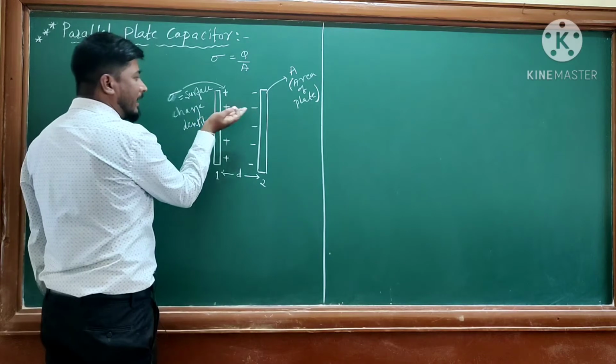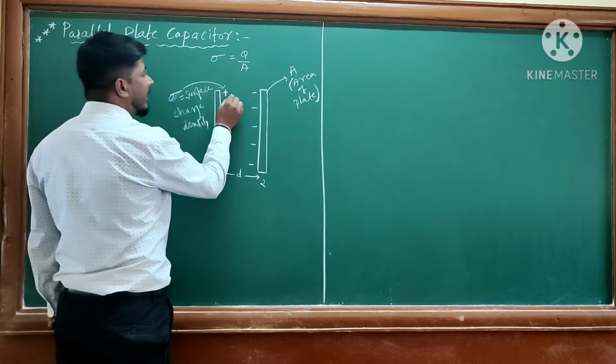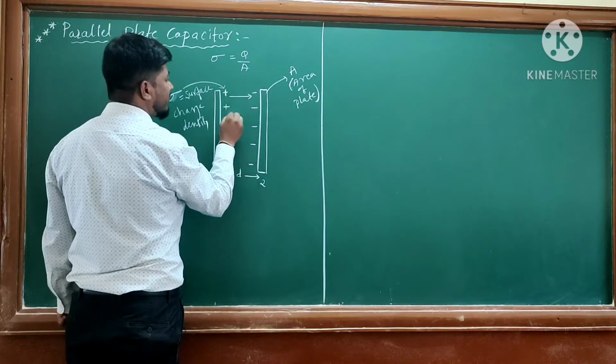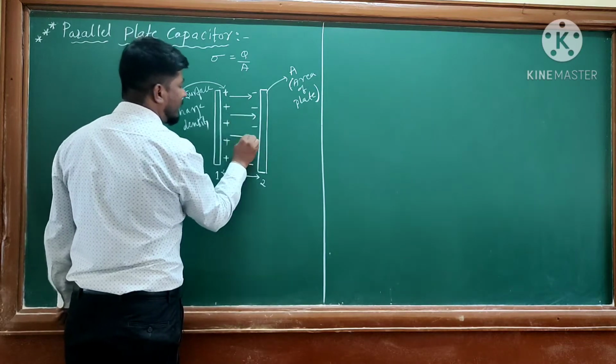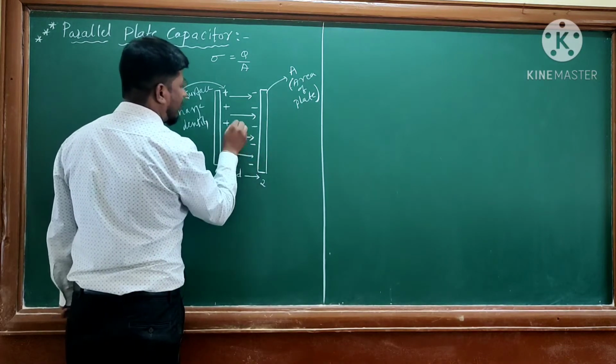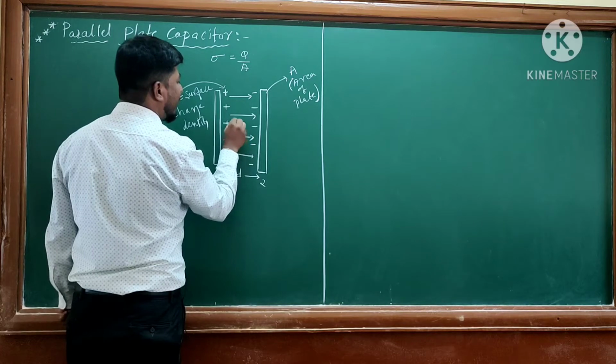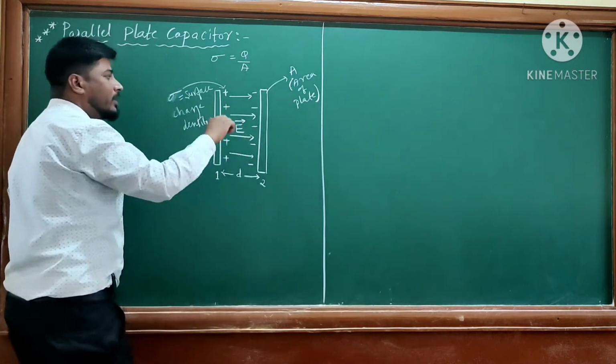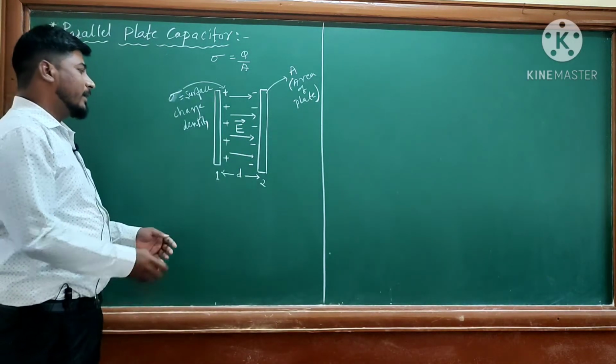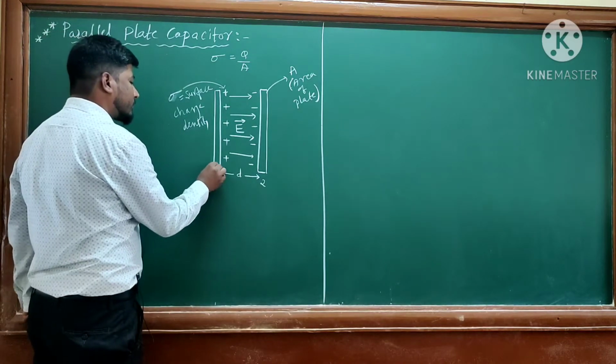We know that in between the plates there is an electric field. We call this E. E is the electric field between the plates. So this is plate 1.